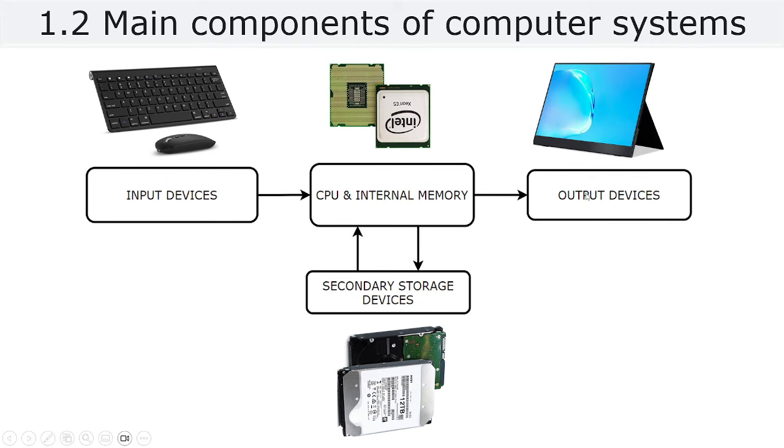Now this takes very few seconds to work. So it seems as if nothing has happened, but in actual sense, there's a lot of work going on behind the scene. Then anything that is stored on an external storage can also be retrieved onto the computer and then you can use it. So basically, these are the main components of the computer system.